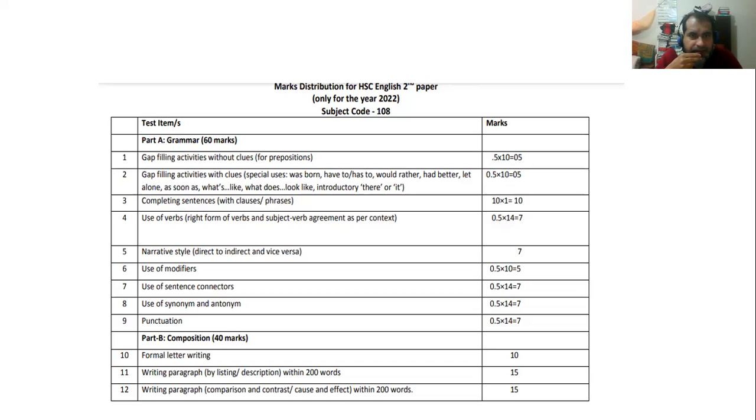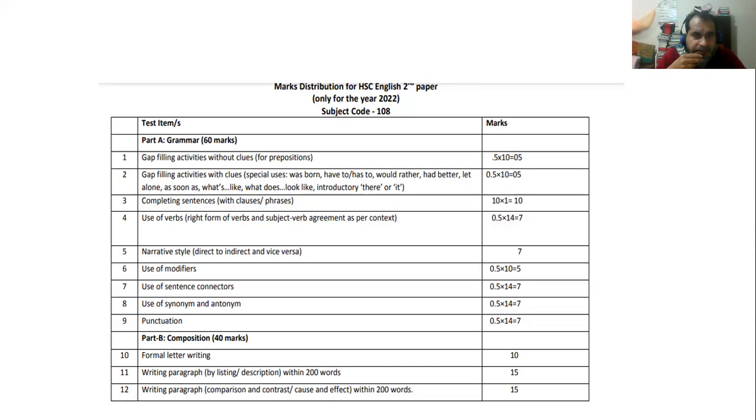Then there is completing sentences with clause and phrase. I have already taken 2 or 3 classes on clauses and phrases, and how to differentiate between clause and phrase. So we will again talk about these things, and how we will complete sentences using them.